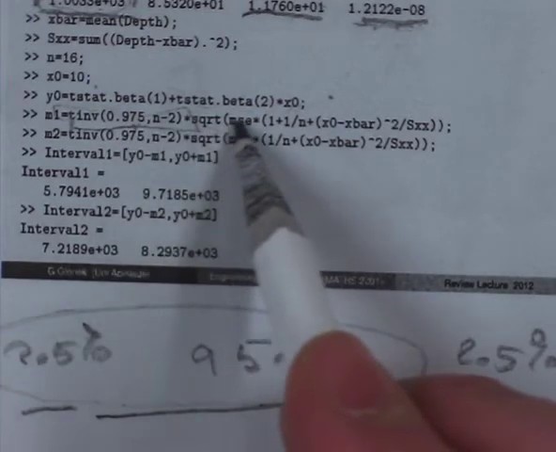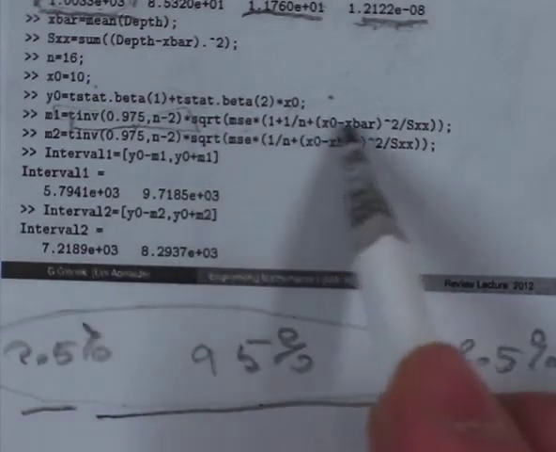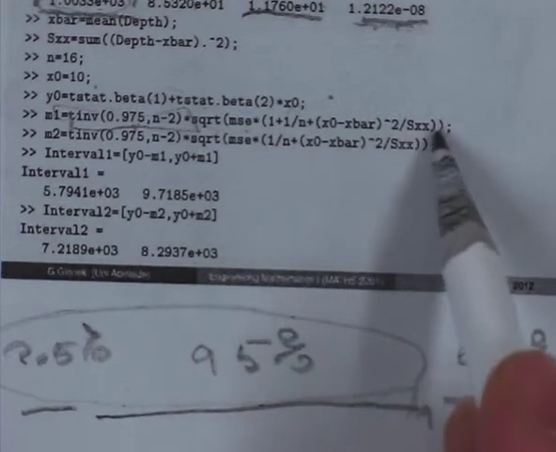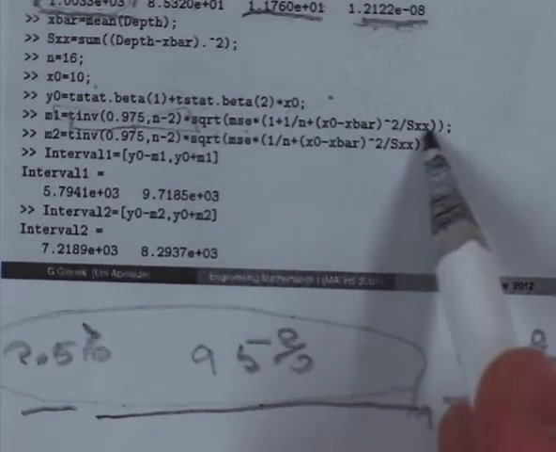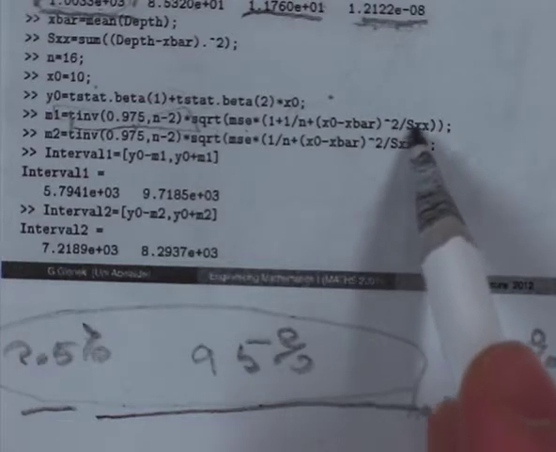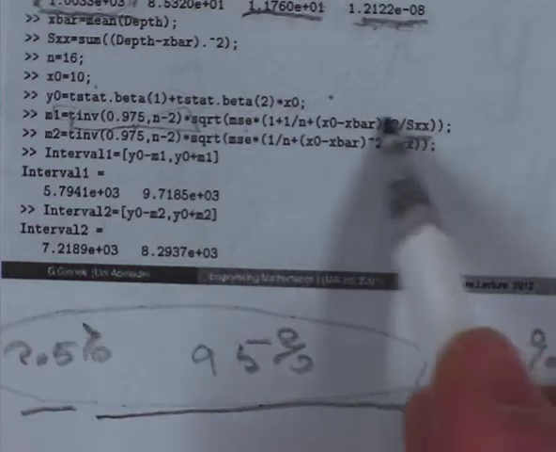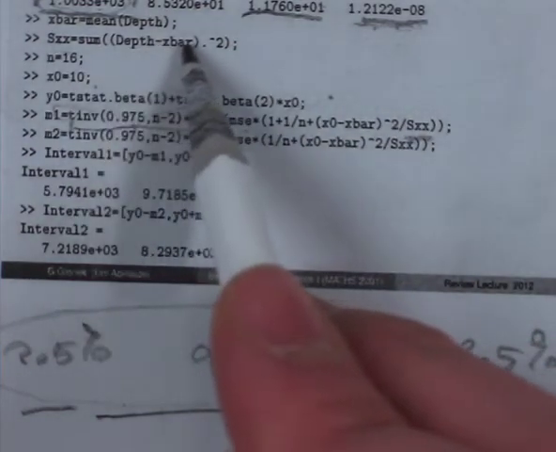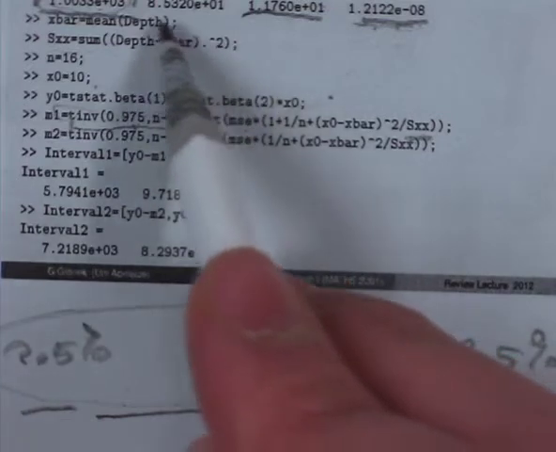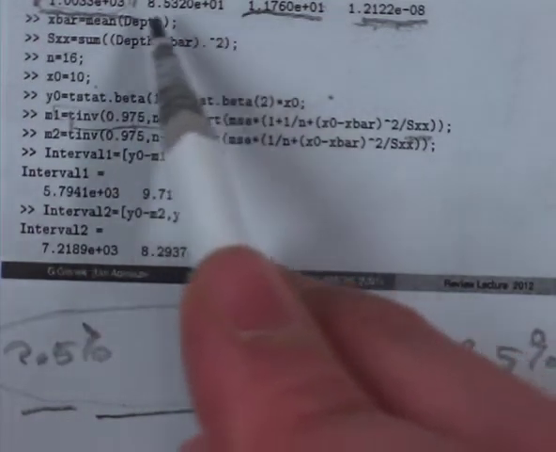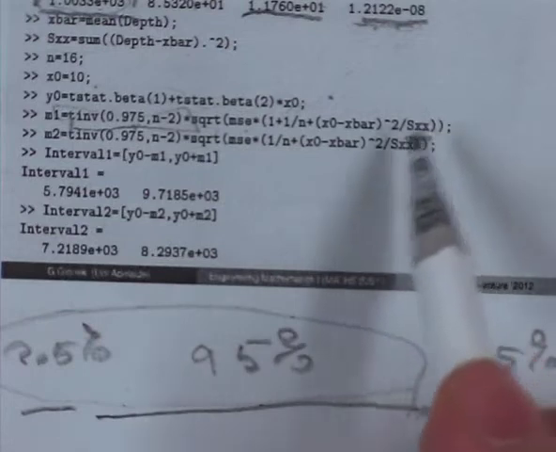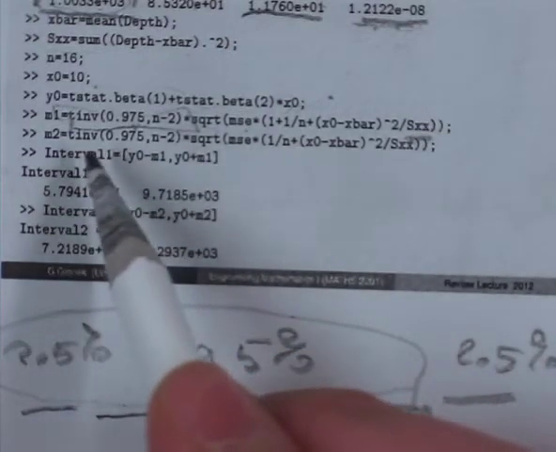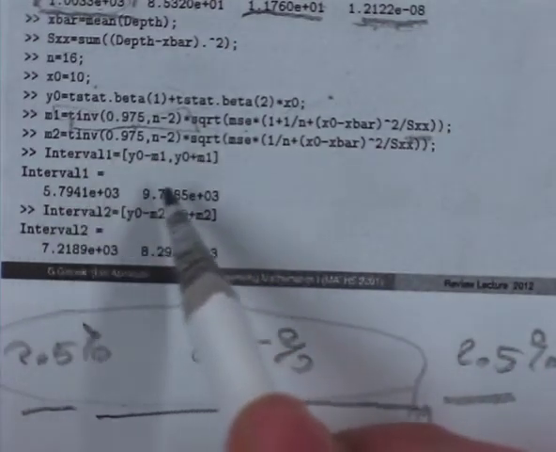And the square root of the mean square error times all of this, he's just copied that formula from the regression confidence interval formula in the formula sheet and just subbed it in. And here it is, there's SXX. It's the sum of the depth minus the mean, squared. So he's figured out SXX here, and he's subbed it into this formula here. So what he's found is the confidence interval for the mean.